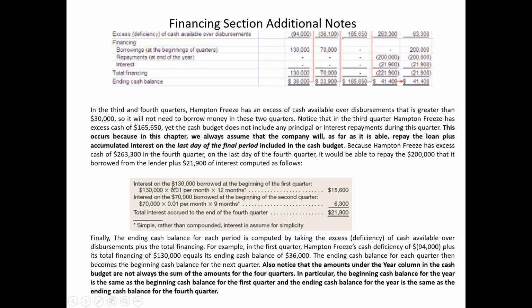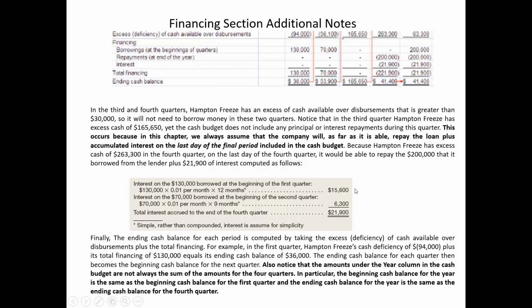So how do we calculate the interest? The interest on the $130,000 borrowed at the beginning of the first quarter is 1% per month, or 12% per annum, and we're assuming that it's going to be outstanding for 12 months. Just bear with the way they're calculating this, okay?